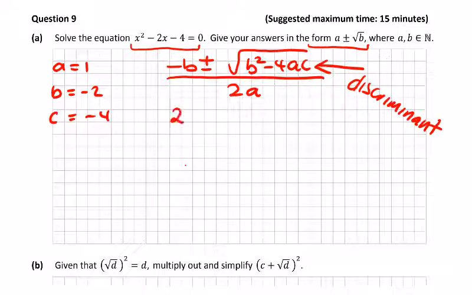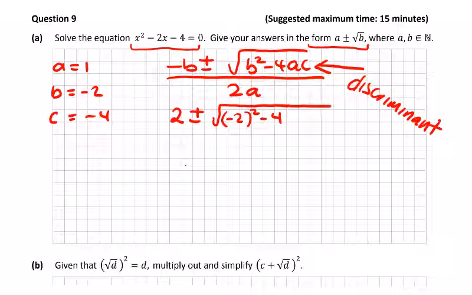Minus minus 2 is 2, plus or minus the square root of b squared. Put in the minus 2, you need to use a bracket. Minus 4 times a times c, all divided by 2a, so you don't have to do a big long line. 2 times 1.